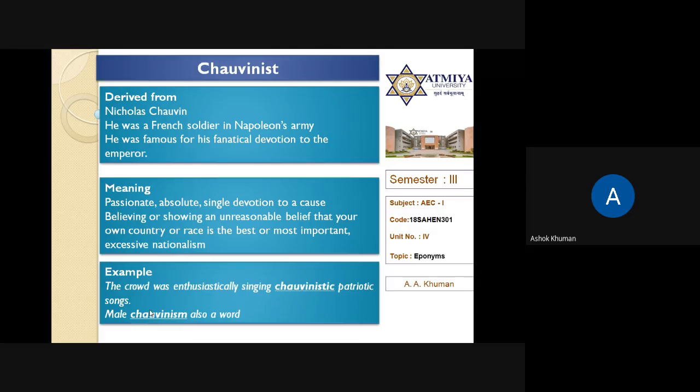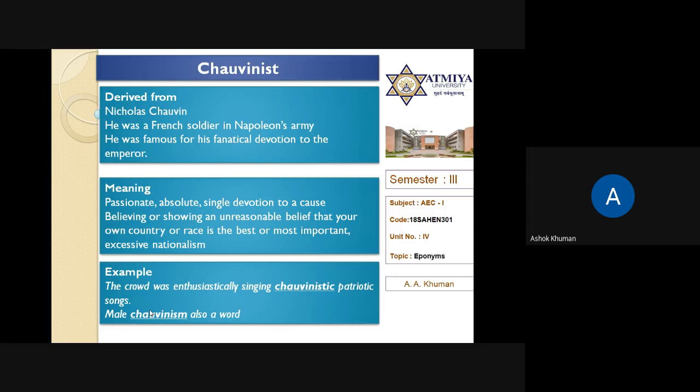Another word you also have is fanatic. Fanatic means extreme love for the religion, and in order to protect your religion, anybody who speaks against your religion, you will also take action against them.